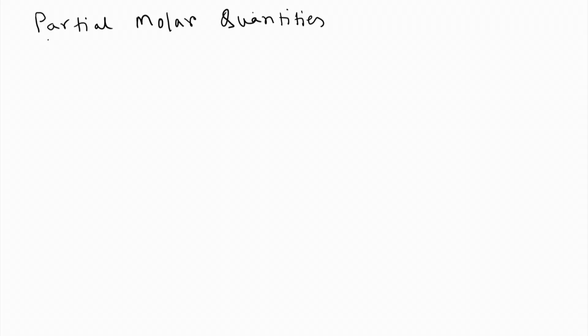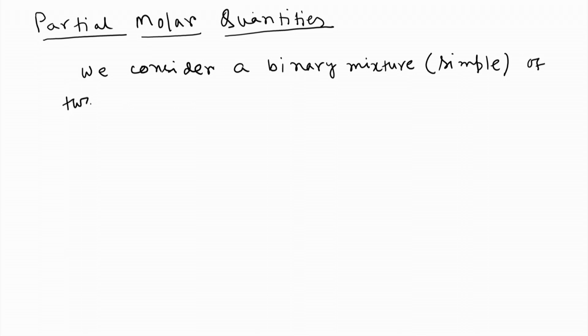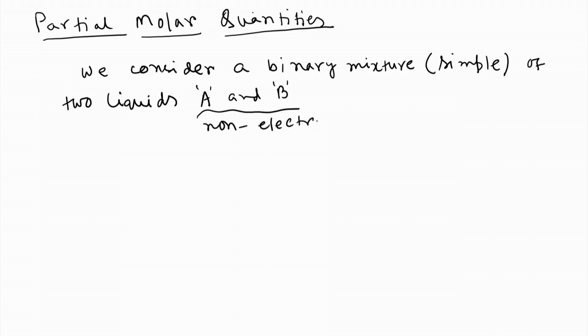So, we consider a simple non-reactive binary mixture of two liquids, suppose A and B, and A and B are non-electrolytes usually; we consider non-electrolytes. So, in our system there are no ions.